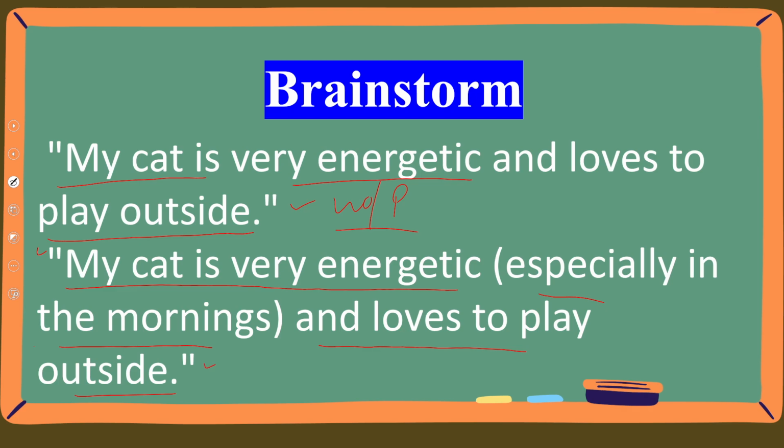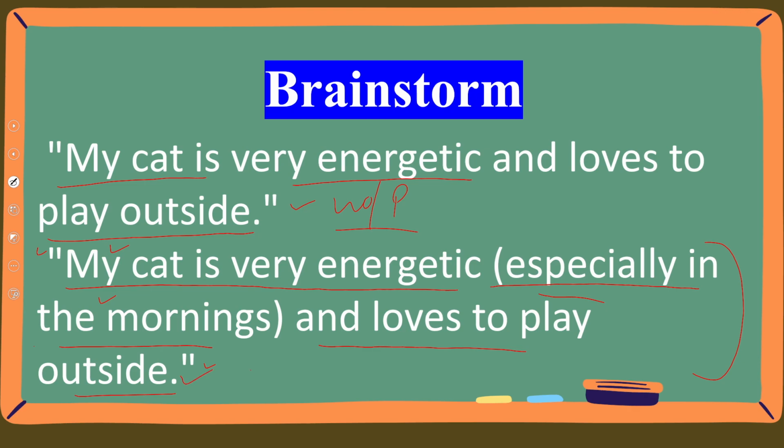Did you notice any difference? The main idea, the message is the same, but in the second sentence with parentheses, we used additional information. In the first sentence, we said, my cat is very energetic and loves to play outside, but we did not mention any period or time in the whole day. My cat is very energetic, especially in the morning, and loves to play outside.